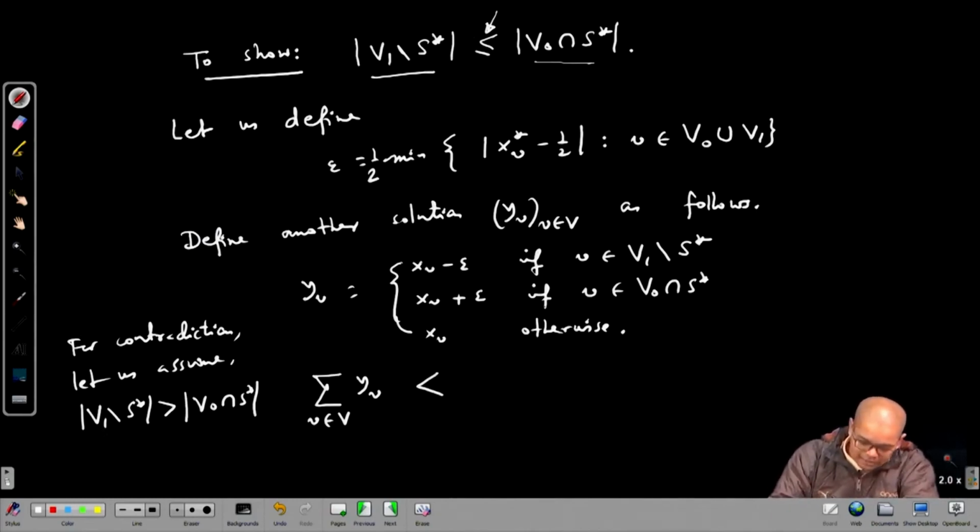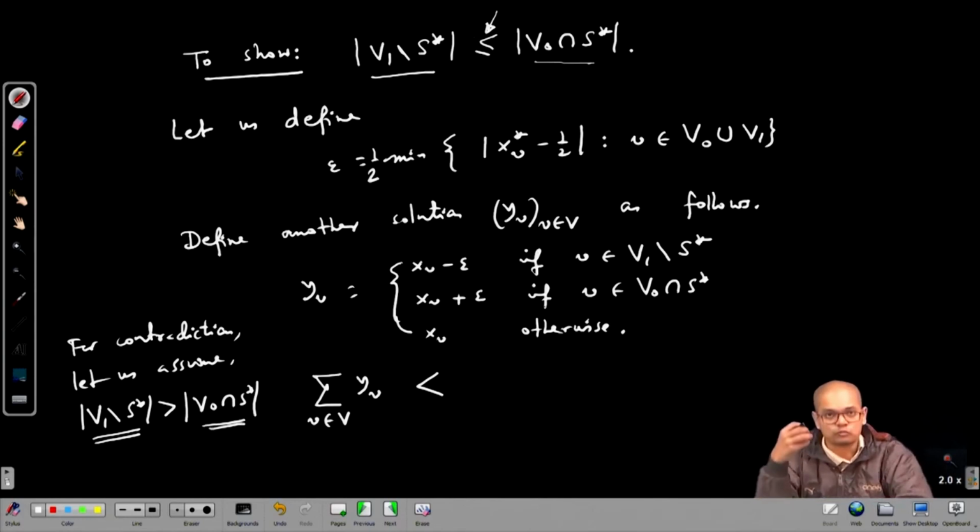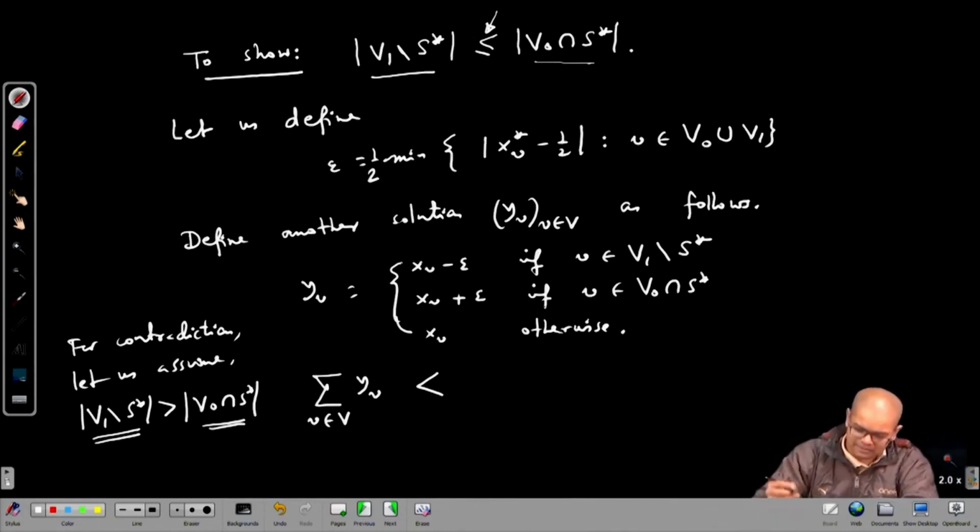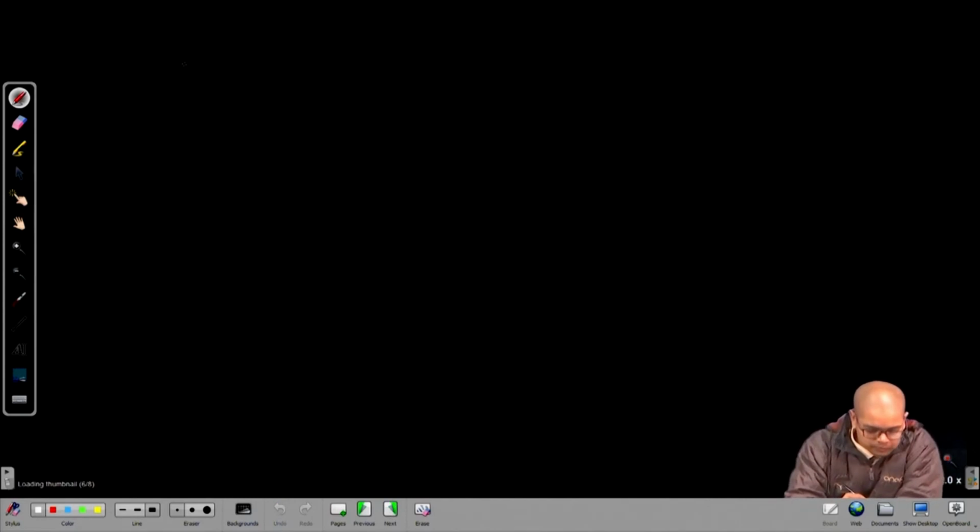Now all the variables in V1 minus A star, their value has dropped, and all the variables in V0 intersection A star, their value has increased. So more variables have dropped in value and fewer variables have increased. So the sum of y_v is less than the sum of x_v. Then all we need to show is that y_v is indeed a feasible solution, which can be shown by easy case analysis.